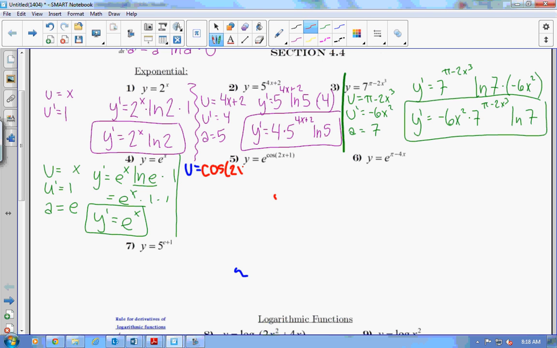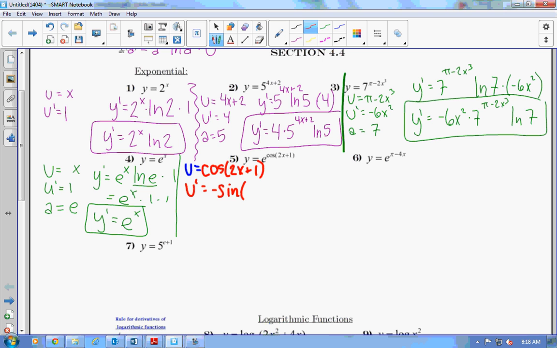Cosine 2x plus 1. And I heard these ladies just say it right now. How do we take the derivative? Chain rule. Okay, so the derivative of cosine is, I hope you said a negative. Any questions?